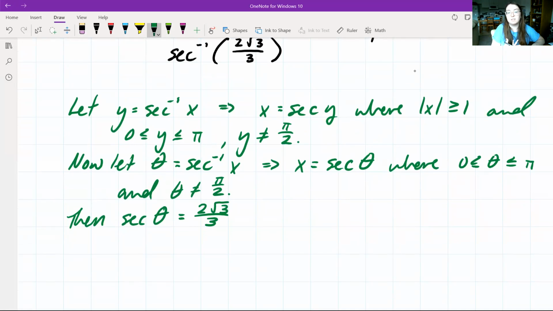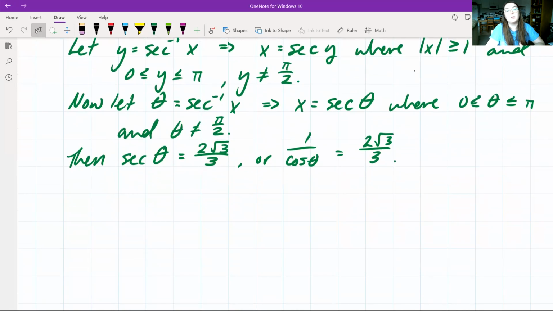We also know that secant of theta is the same thing as 1 over cosine of theta, so 1 over cosine of theta is equal to 2 square root 3 over 3. And now we're dealing with a trigonometric function that is much more simple. Now we're just dealing with cosine instead of secant. This is going to make this problem quite a bit easier. So let's go ahead and simplify cosine as much as possible.